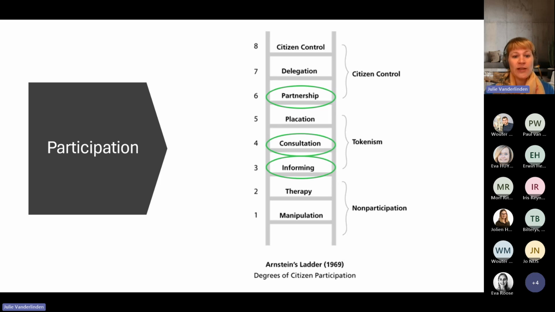And so you see that there are different levels in this ladder, and it goes from manipulation, something that you do as a researcher, let's say in an RCT, where you have complete manipulation, where you allocate people to a certain group according to, of course, algorithms. But there you have manipulation, and the other side of the spectrum is then the total control is with the participant itself.